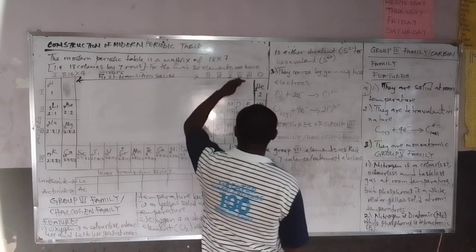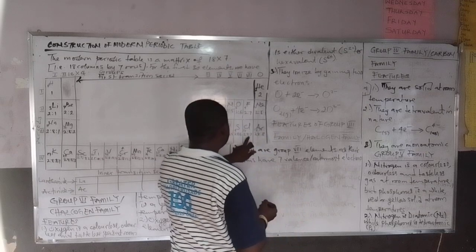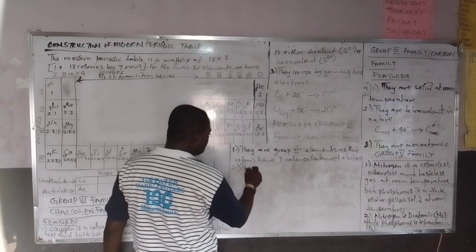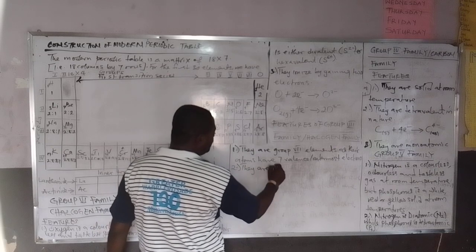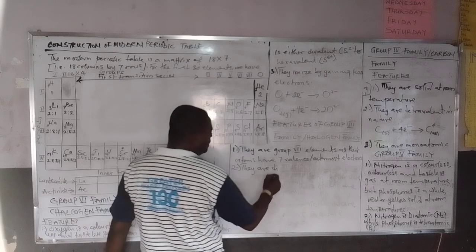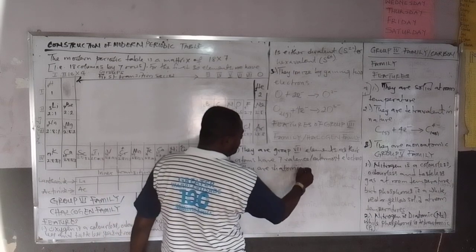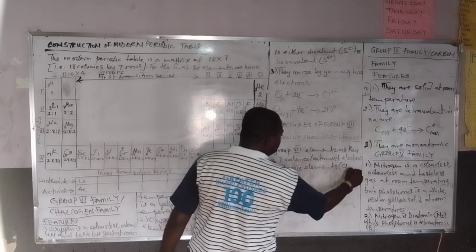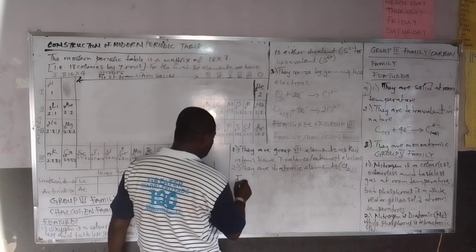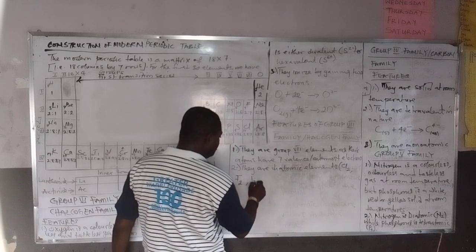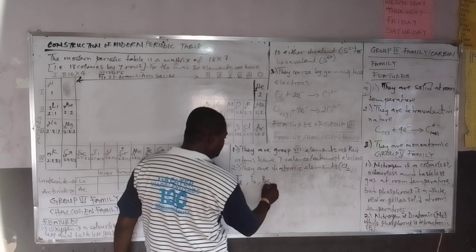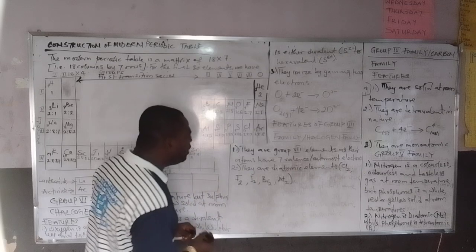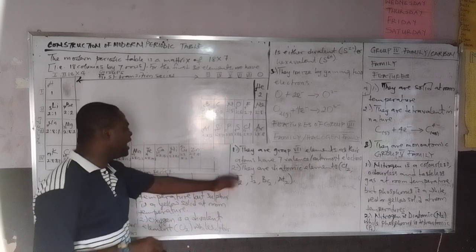You can see what I'm saying here: 2:7, 2:8:7. Number 2, they are diatomic elements. So if you want to write them, you can write Cl2. You can write F2, iodine 2, bromine 2, astatine 2. So when you are writing them, one molecule of any member of halogen has 2 atoms.